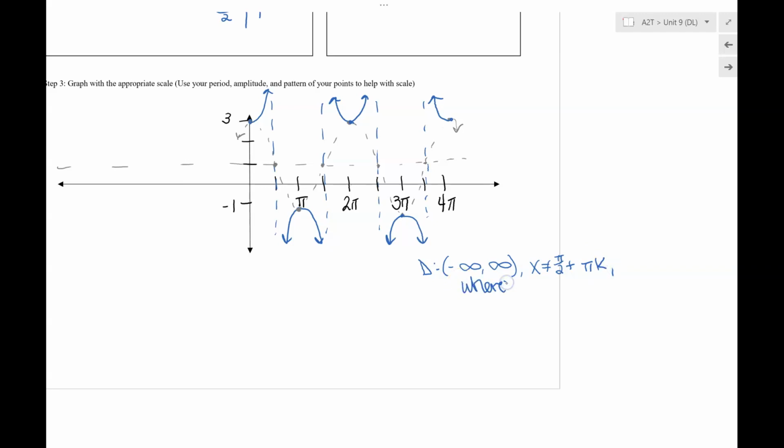Make sure that you define what k is. The range goes from -infinity to -1 inclusive, union. It jumps up then to 3 to +infinity.